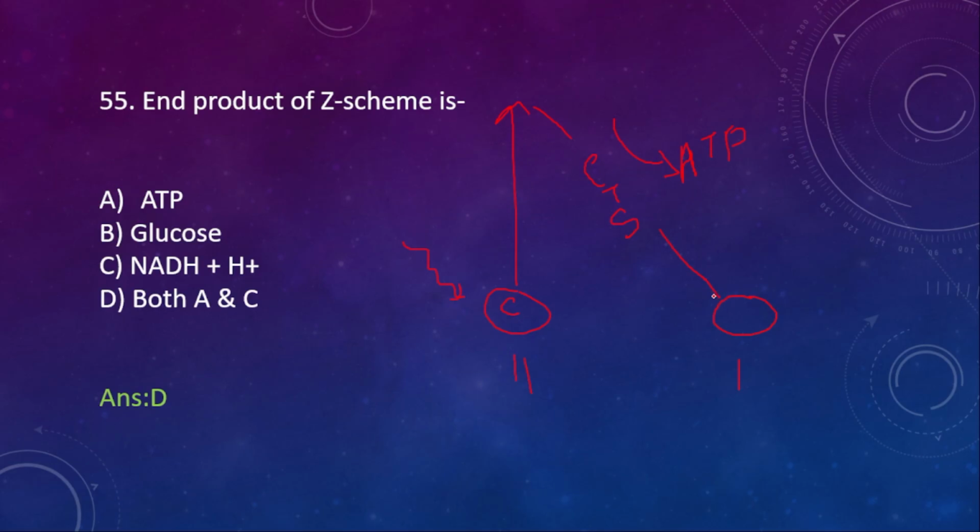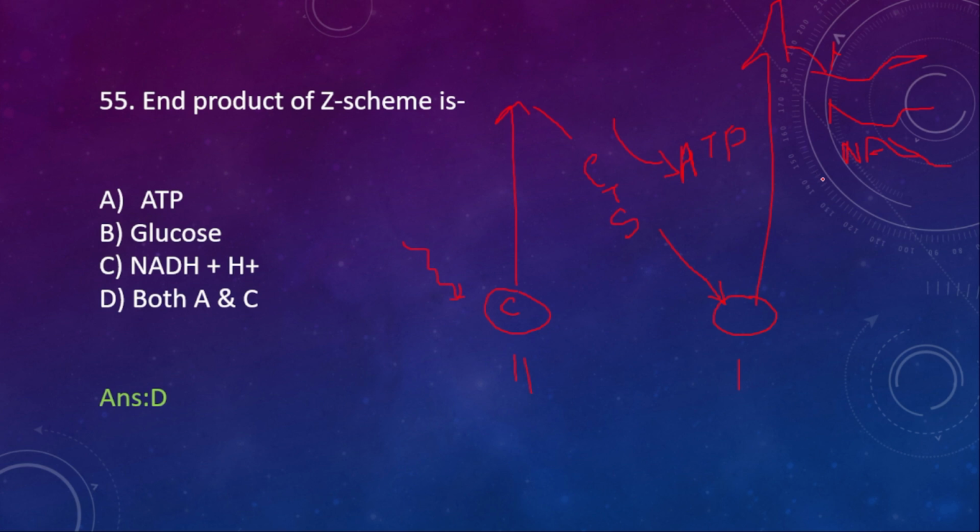After that the electron will pass to PS1. Again by receiving the light energy, they are excited. After that, those electrons pass to the final acceptor, which is NADP plus.